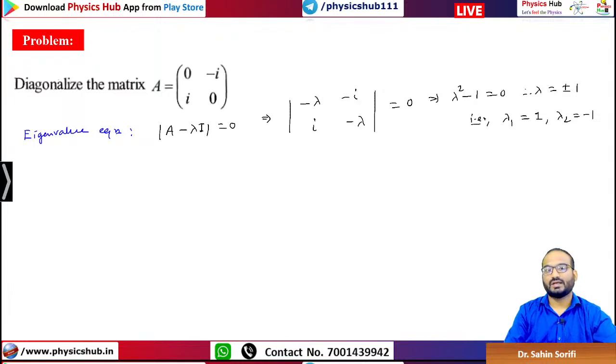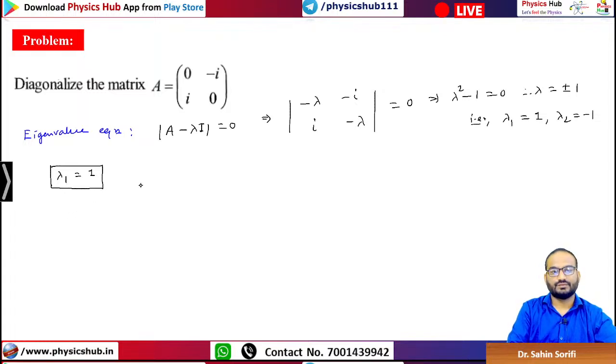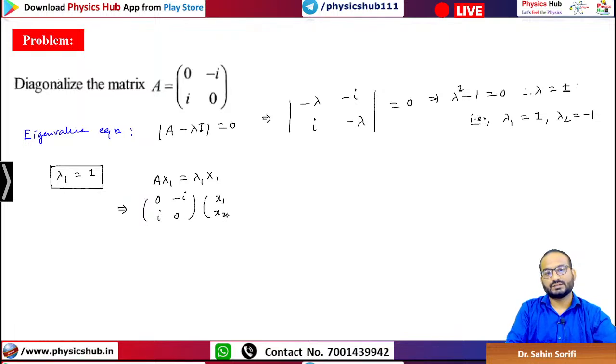Now we have to find the eigenvectors corresponding to lambda 1 equals 1 and lambda 2 equals minus 1. So for the corresponding eigenvector, let's say x1, we can write A x1 equals lambda 1 x1. In the lecture on eigenvalues and eigenvectors, I have already told you how to find the eigenvector, so the same thing we are doing here. So A is 0, minus i, i, 0, the components of x1 are, let's say, x1 and x2, lambda 1 is 1, times x1, x2.